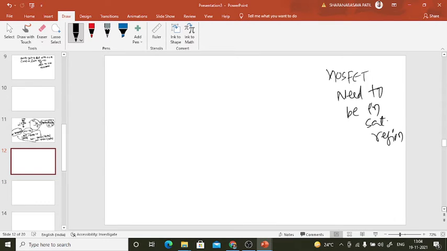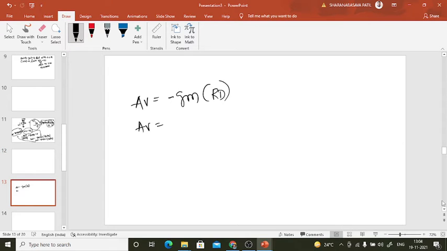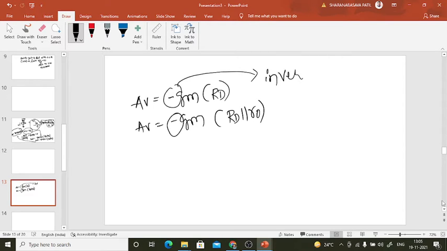So one thing we need to remember here is Av is minus gm RD, or Av is equal to minus gm RD parallel with R0. See, we are getting a minus sign, which means an inverted version of the input.